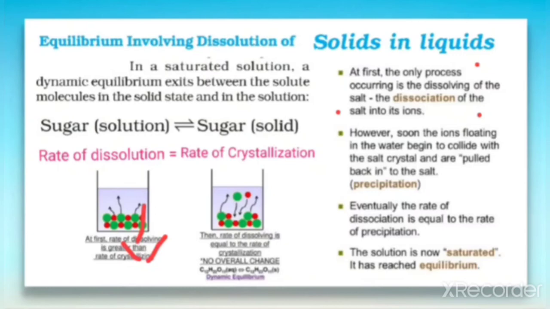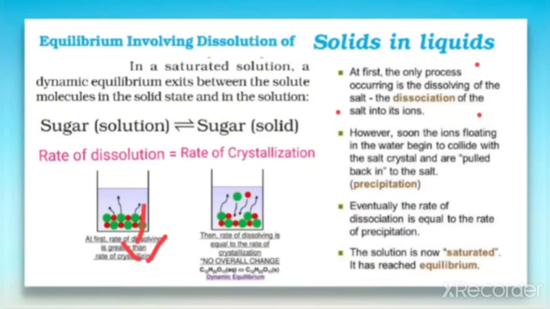As soon as the ions floating in the water begin to collide and the salt crystals are pulled back into the salt, that means after some time the precipitation, or we can say the crystallization, begins. So the already dissolved salt or sugar starts to crystallize.